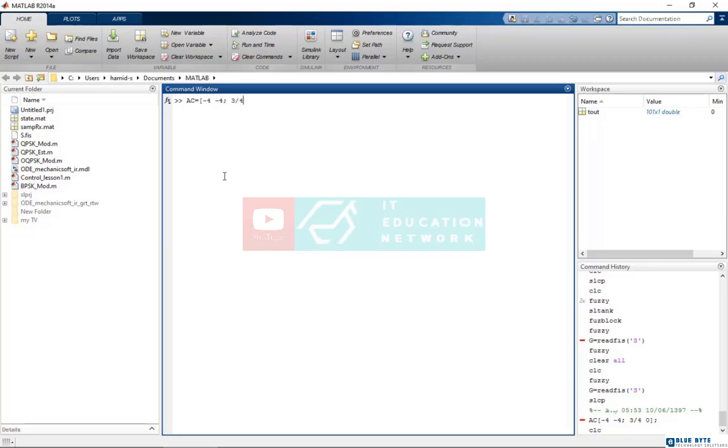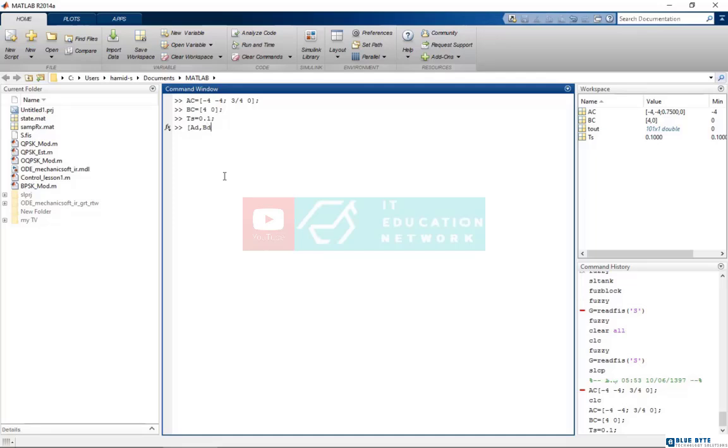I enter the amounts. The TS is the sample time. I set it 0.1 by C2D, which gets the discrete modes of our system.